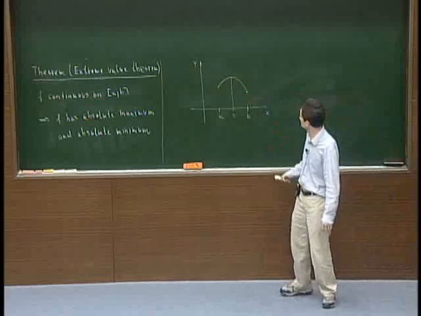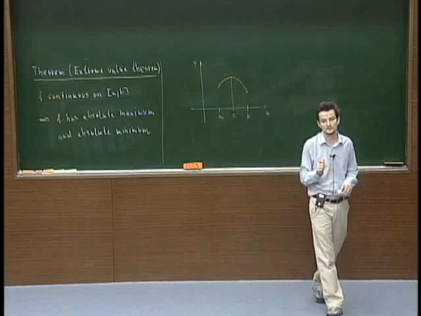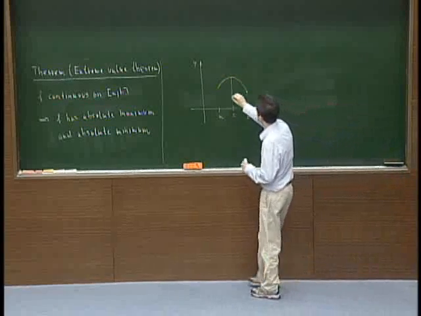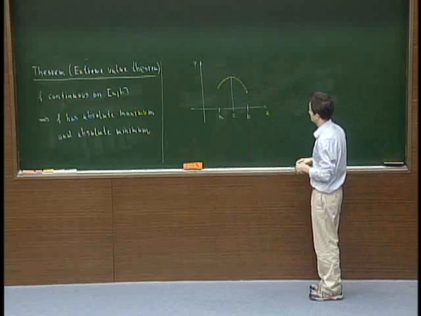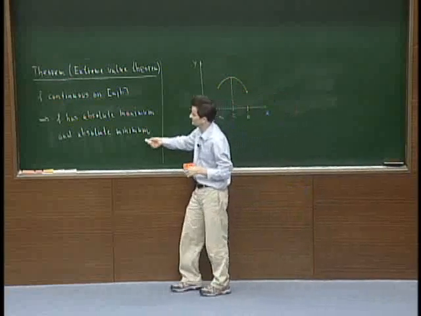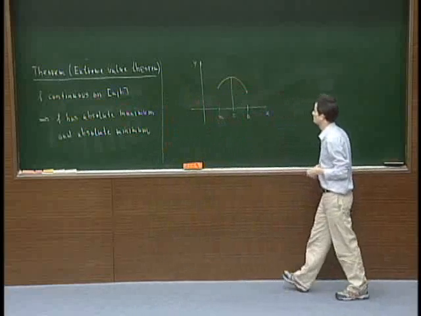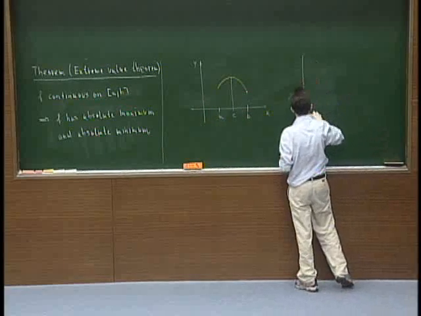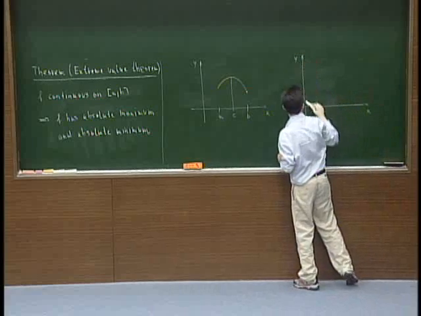The function is continuous because I plotted the graph without lifting the pencil, in one stroke. You see that this function satisfies the assumption of being continuous, and indeed it has an absolute maximum and an absolute minimum. If you check a couple of different examples, you will see that this result is indeed true.